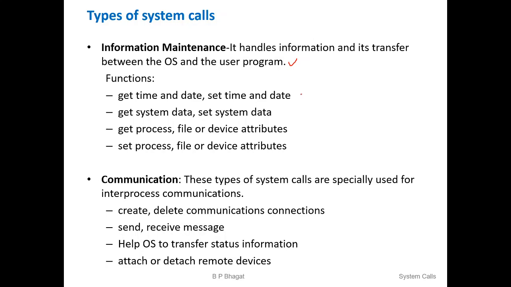Then other information related to the system, such as the number of current users, the number of operating systems, and the amount of free memory and disk space. All of this information is maintained by information maintenance.